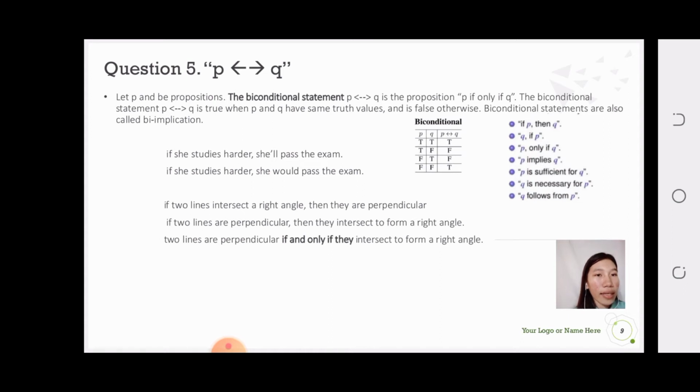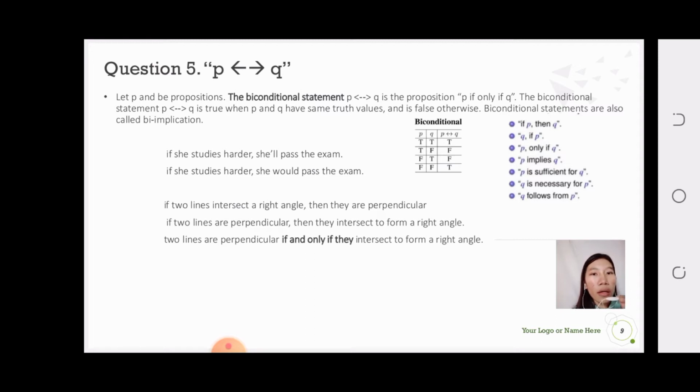In the first statement, intersect at a right angle comes first, and in the second statement it is flipped: the intersect to form a right angle. And then the second statement puts perpendicular first. So, it depends on the statement that is given, that is the pattern we will use. It really depends.